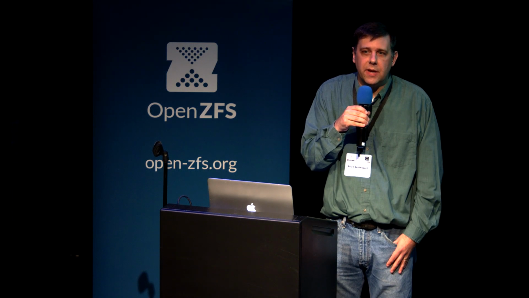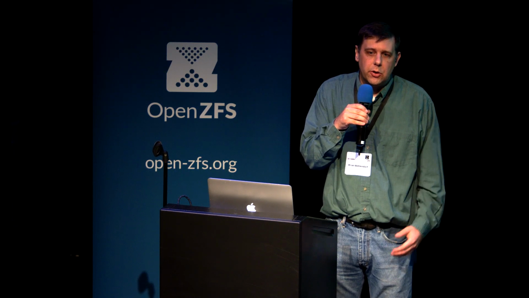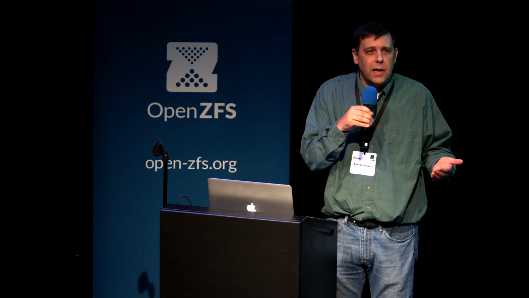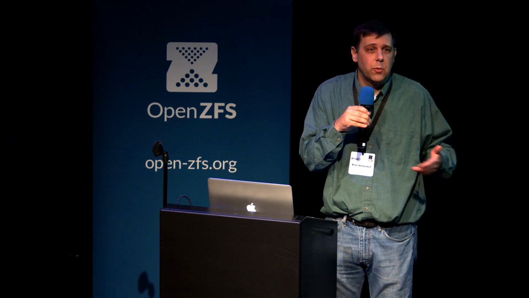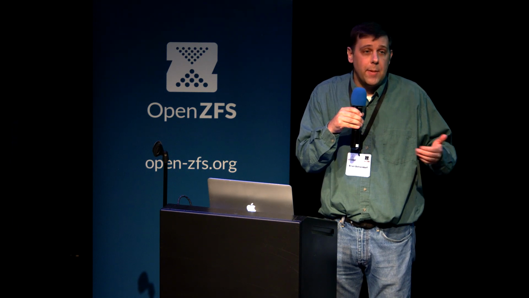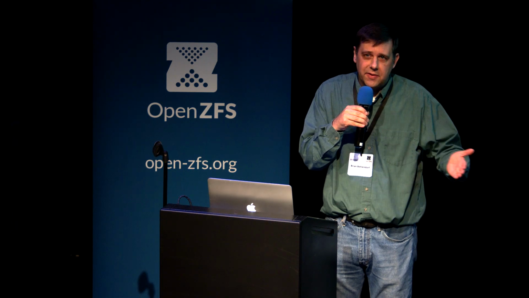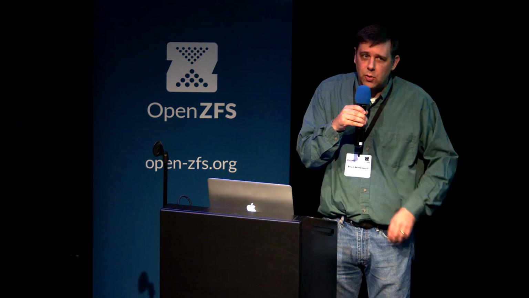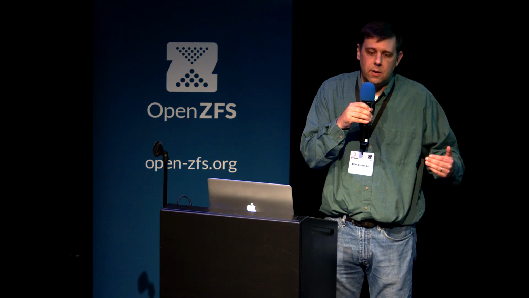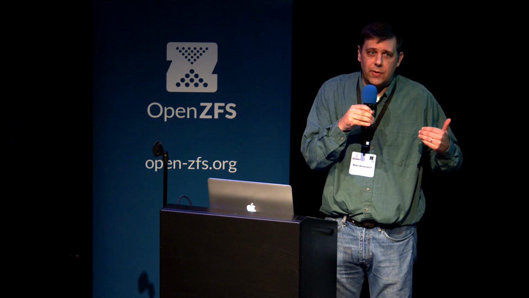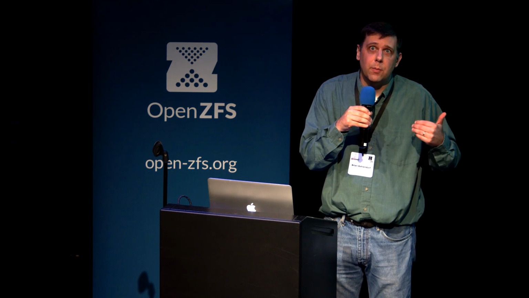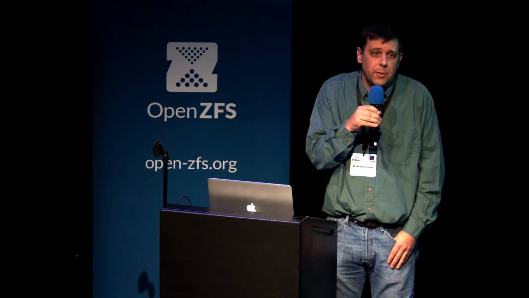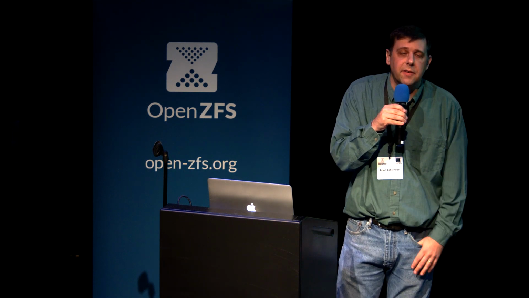So you only want to trim things that were recently released. We could go through MS allocatable there, but that's a lot of extra work. And it's possible that a lot of those ranges have already been trimmed by a previous pass. Like if you had run a manual trim over the pool and trimmed everything in MS allocatable, then all that stuff is already trimmed. So like the previous question, if we had come through with an automatic trim and trimmed everything in MS allocatable or MS trim, which may overlap with that, it may just be wasted work, right? Those blocks may already be trimmed. So they're tracking two different things.